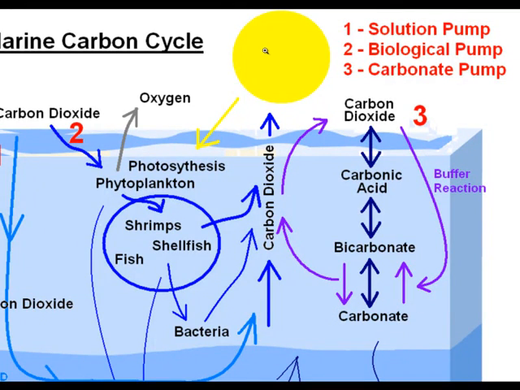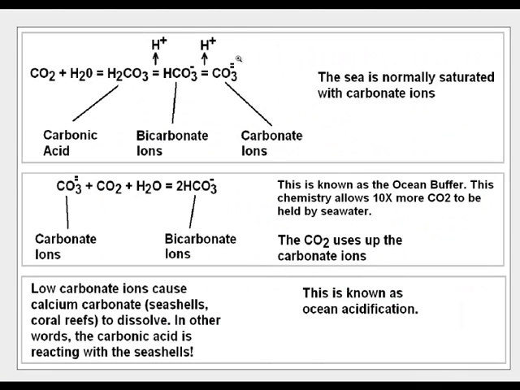Let's have a look at the formula for that. So this here is the formula. We said the carbon dioxide enters the water. It reacts with the water to create carbonic acid. The carbonic acid can lose a hydrogen ion, which can just go off and float off in the sea somewhere, leaving behind bicarbonate ions.